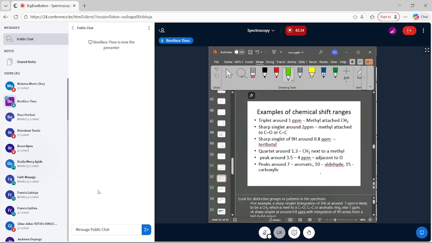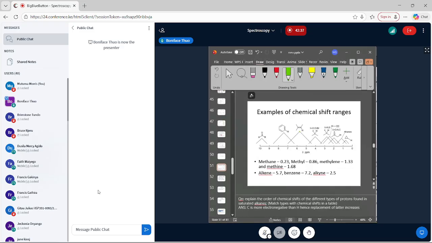Right? So the next consideration is, of course, the splitting pattern, which gives you the number of protons attached to the neighbouring carbon.